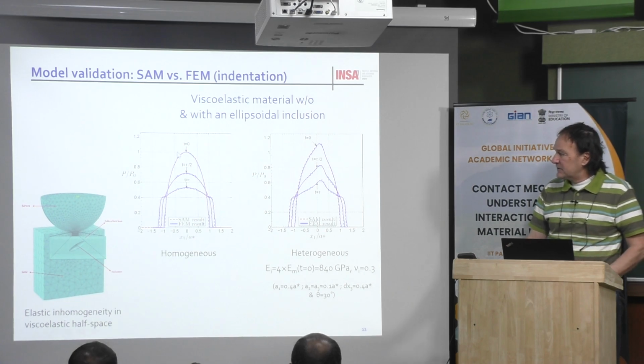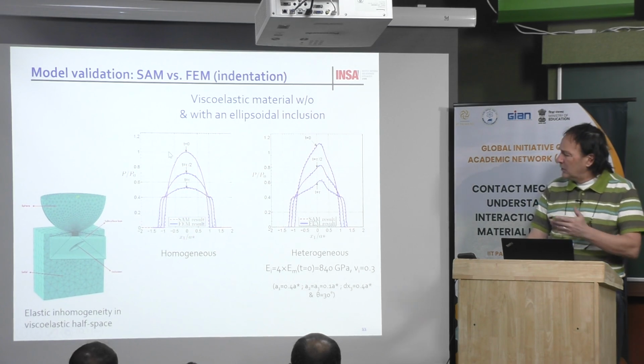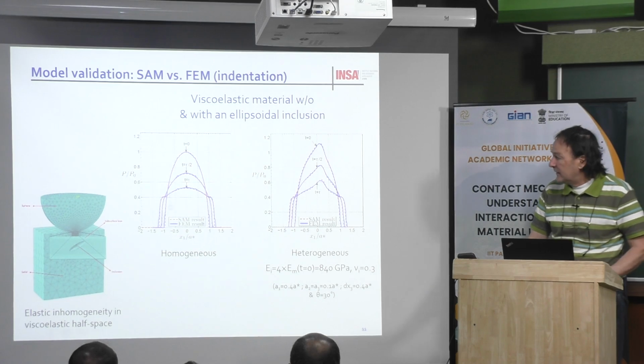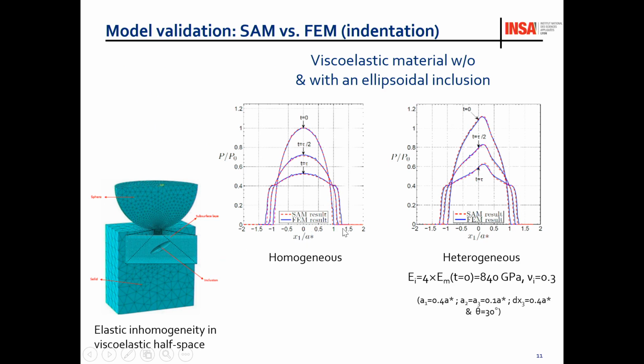For us that will be the reference pressure. I think later I will call that P star, and the contact radius, which is in dimensionless shape 1 here, we call A star. A star is always for us the Hertzian contact radius at the instantaneous loading at the beginning.